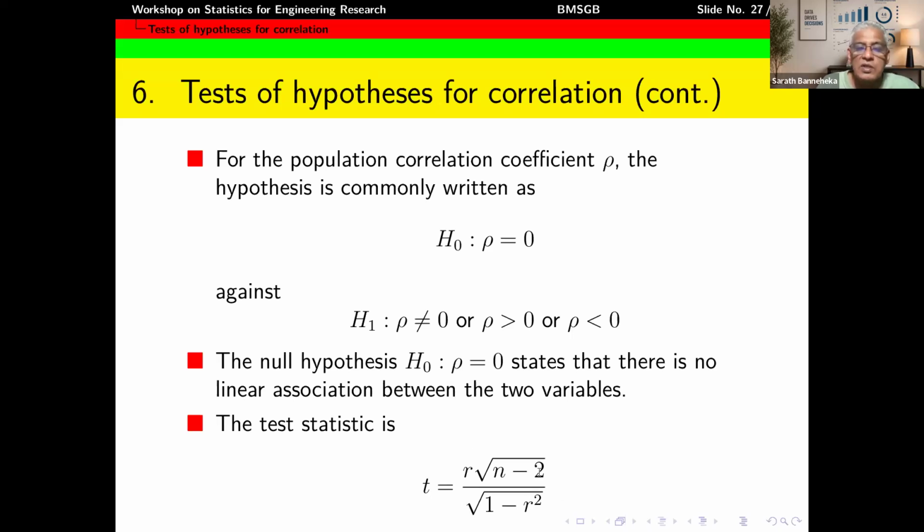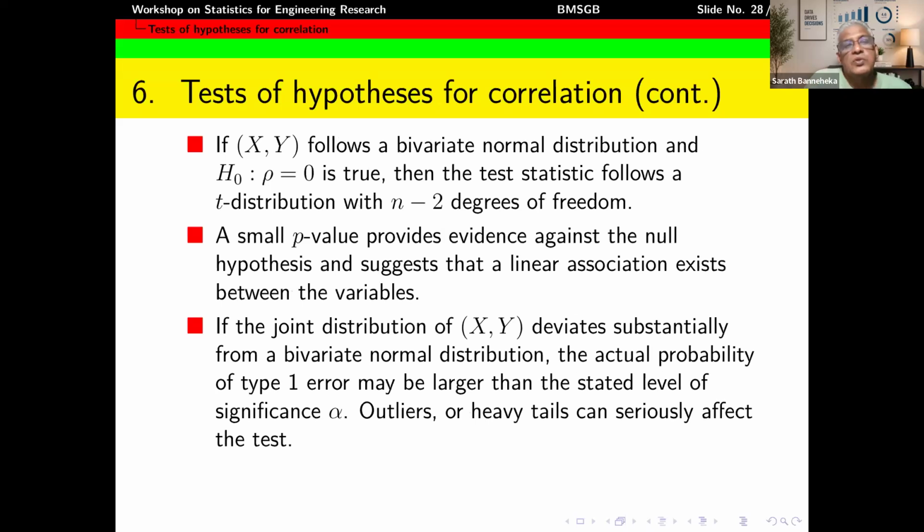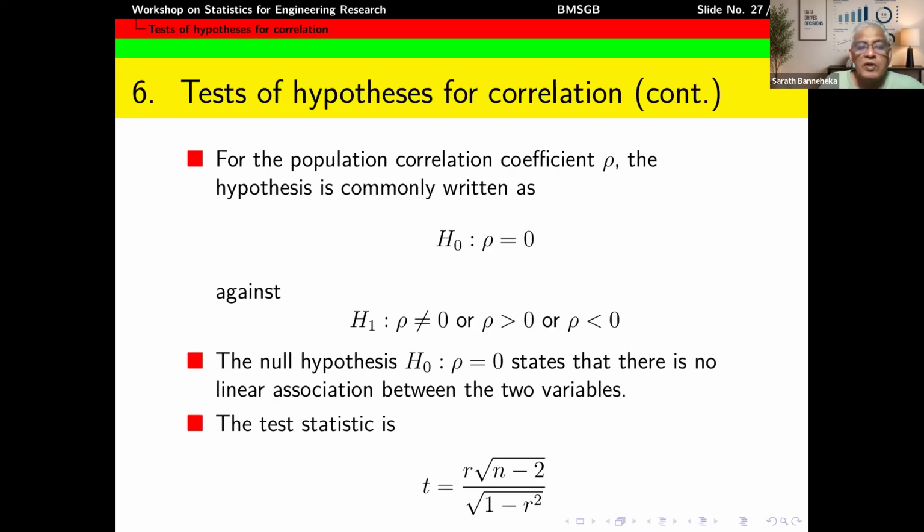Notice here, it is calculated using r, the sample correlation coefficient. Right. So we are testing about the population correlation coefficient, but we are testing it based on a quantity calculated using the sample correlation coefficient r. Right. So how do you decide once you calculate this quantity?